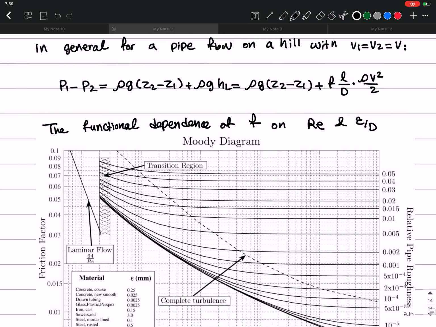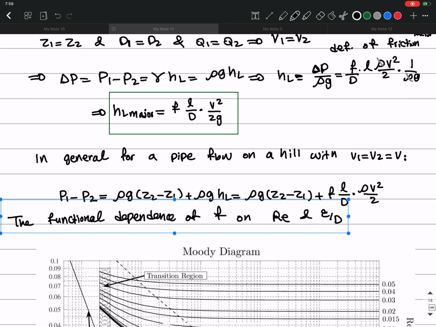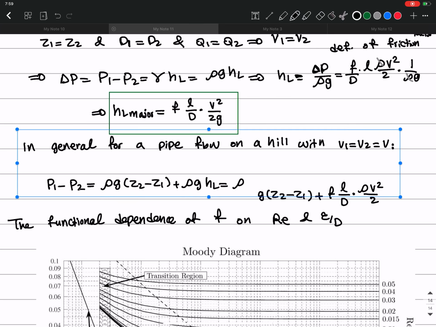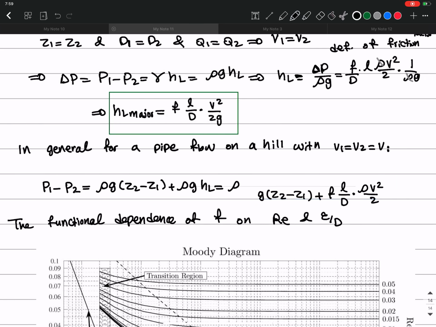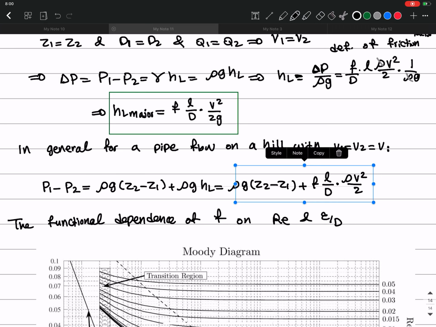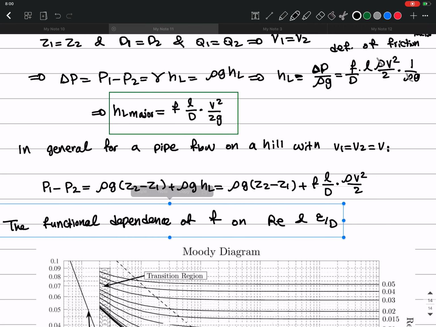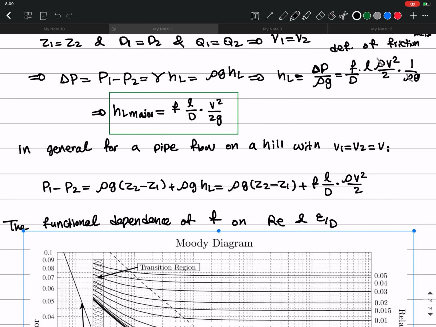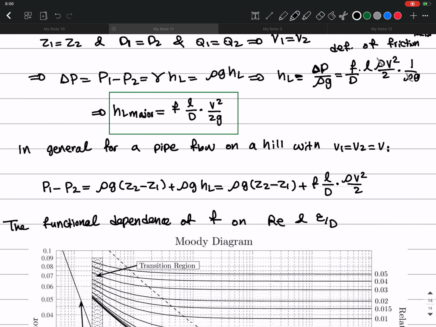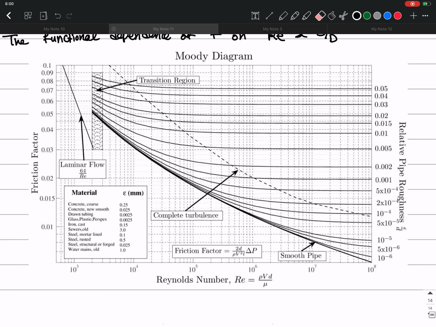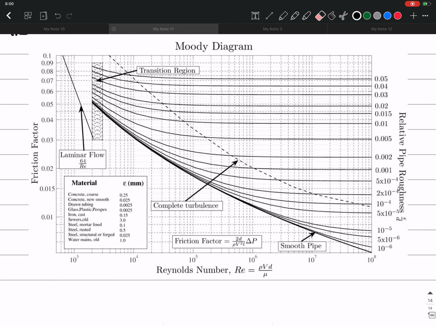This is one of his great achievements, and it is very widely used in engineering problems. Okay, so let's see what it is.